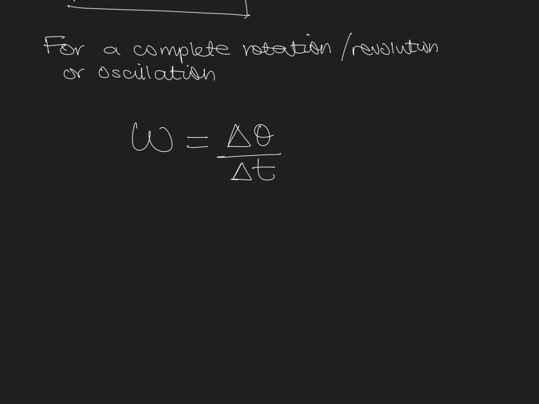So let's say this is the diagram that we have. This is the circumference of a circle, and let the initial position of the object be here. The center of the circle is here.